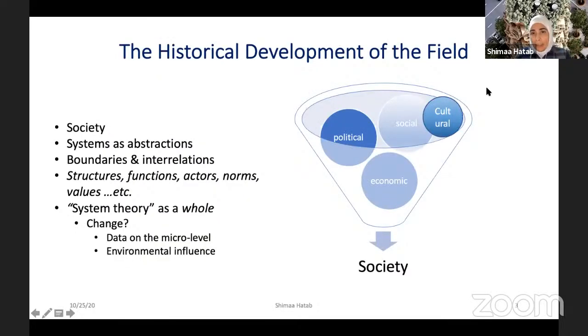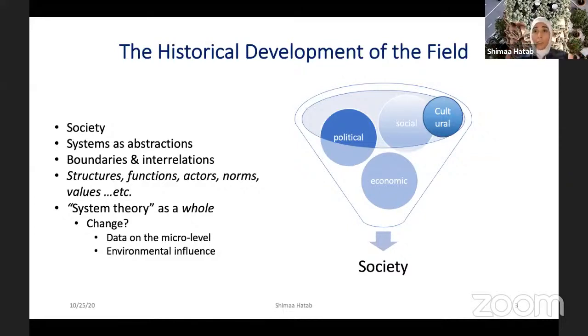I made this graph in order to help you understand. Basically, a society is a kind of inclusive, all-encompassing system that would include political systems as a subsystem, social systems and economic systems and cultural systems.